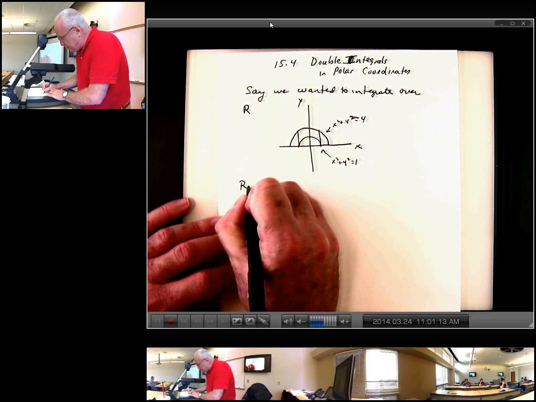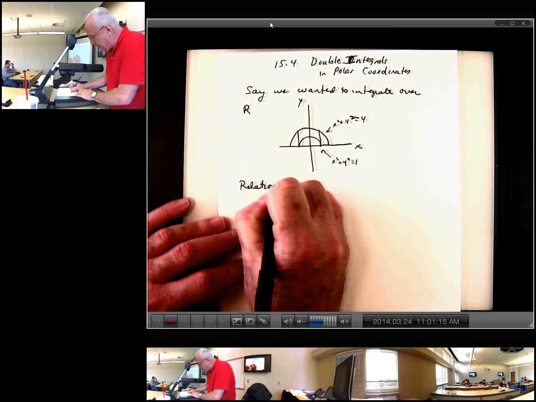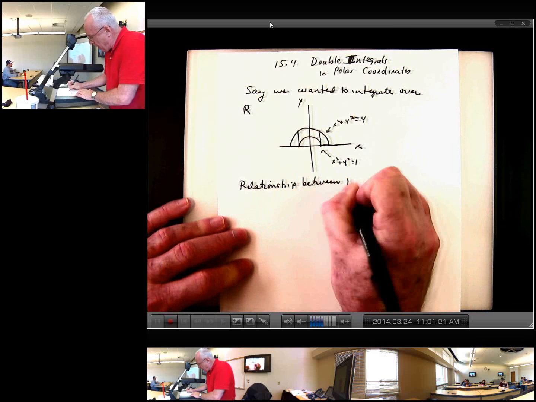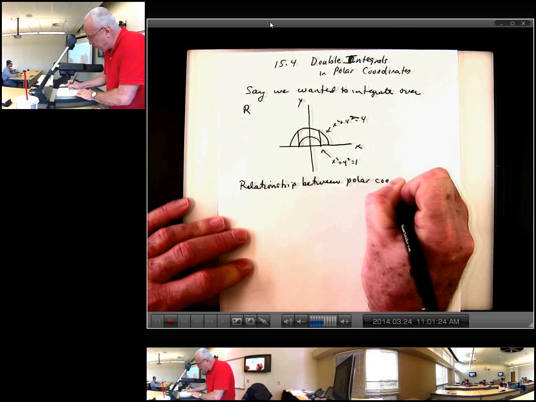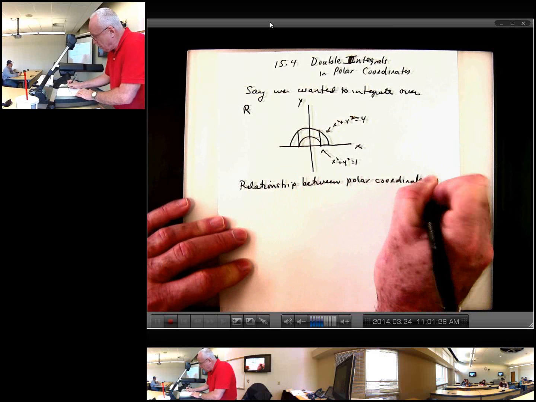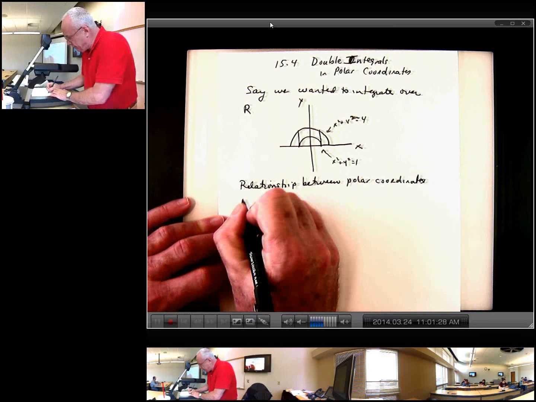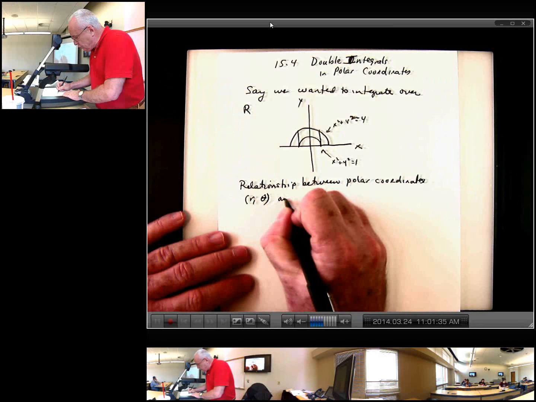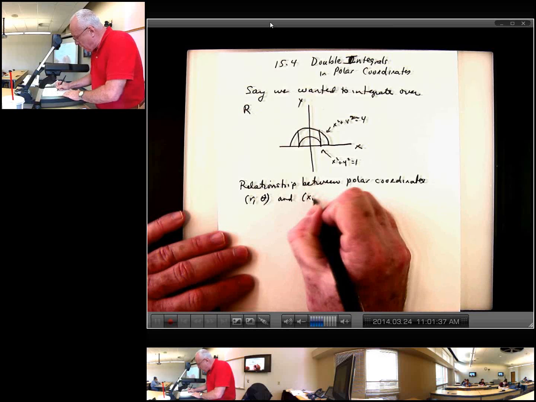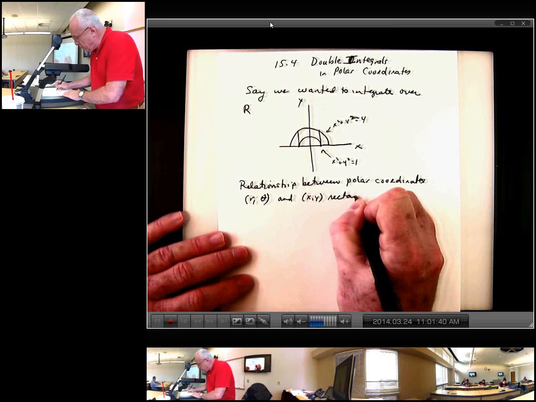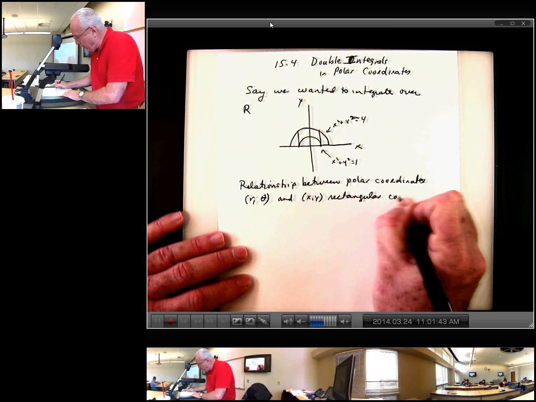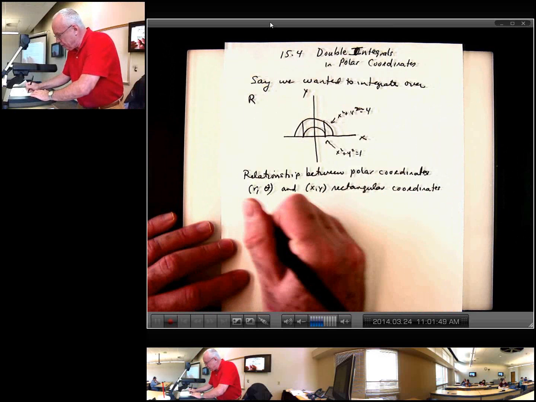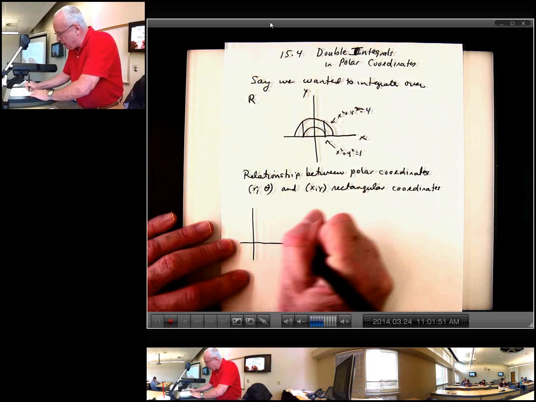The relationship between polar coordinates and x and y. In polar coordinates, we've got r and theta as the two variables. So what is the relationship between r and theta and x comma y, which are the rectangular coordinates? Let's draw a little picture here, with x and y.